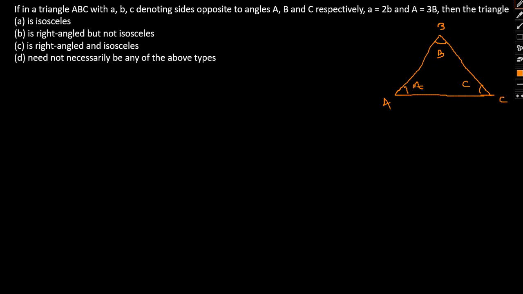Now what's given? a denotes the side opposite to angle A, b denotes the side opposite to angle B and c denotes the side opposite to angle C. Also one thing is given, that angle A is 3 times angle B, and also a is 2 times b.